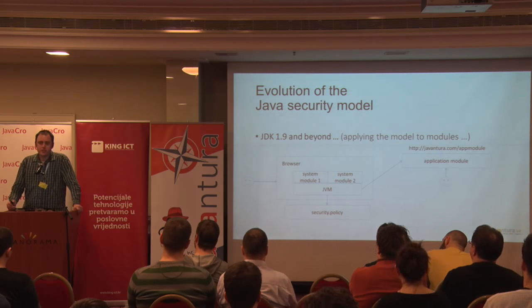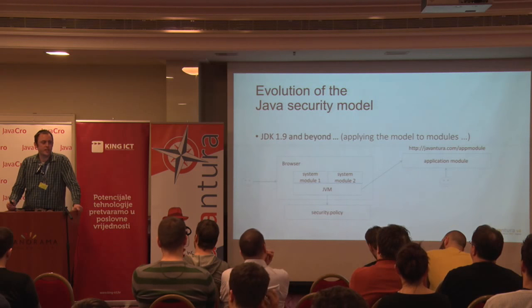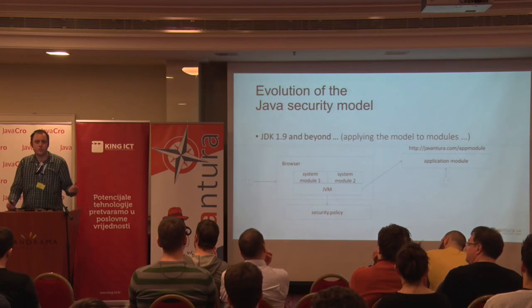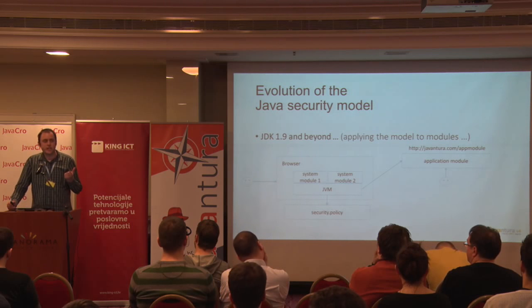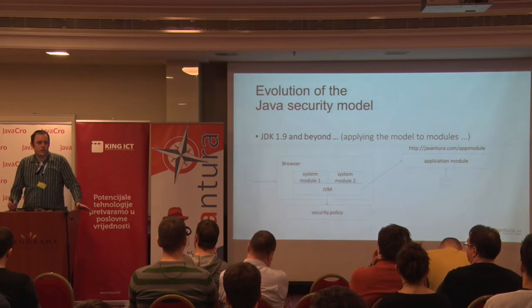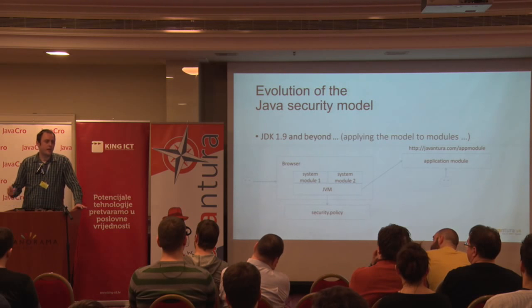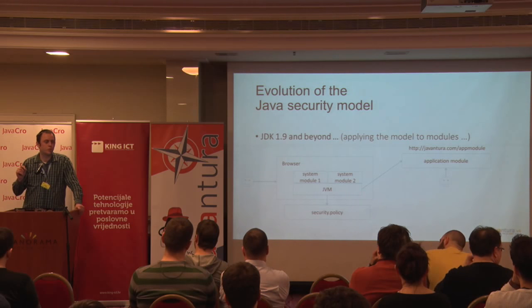What this implies for the Java security model is that now each separate module of the JDK can have its own protection domain and its own location from the file system where it is loaded from. So far, the JDK was a big monolith with all classes in one place, and that's why we had the notion of system code.